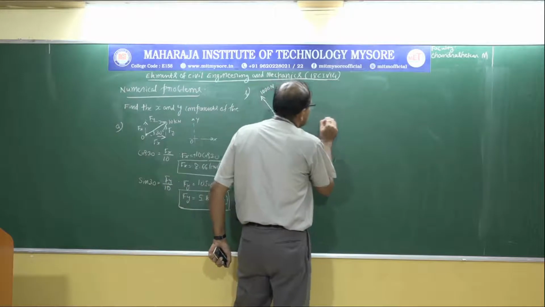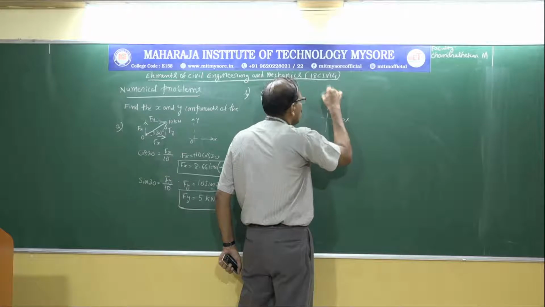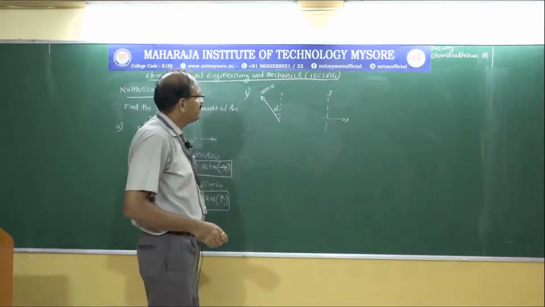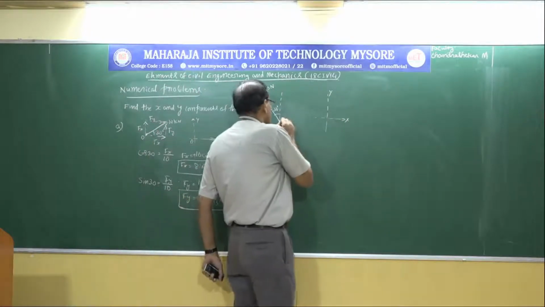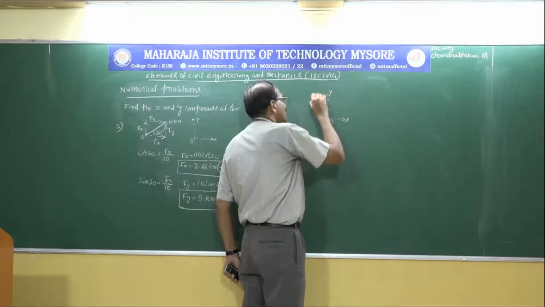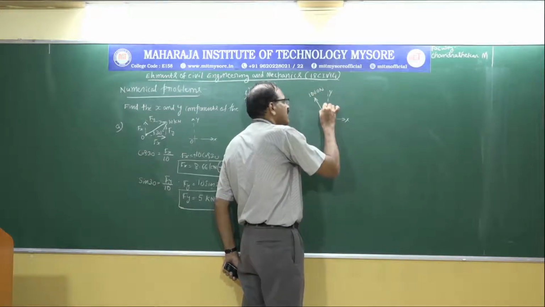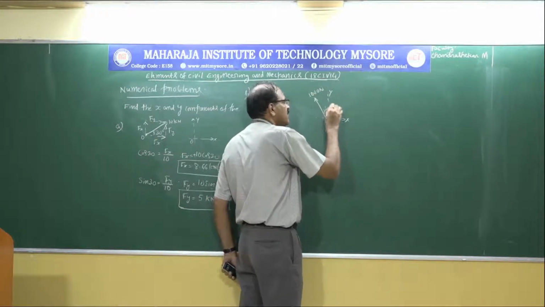So if this is X, this is Y, this is O, this is 1000 Newton, this is 30 degrees. That is given.